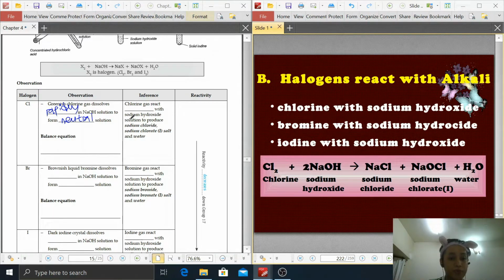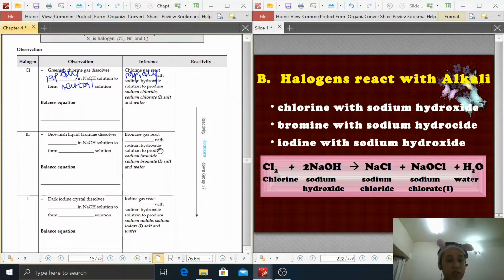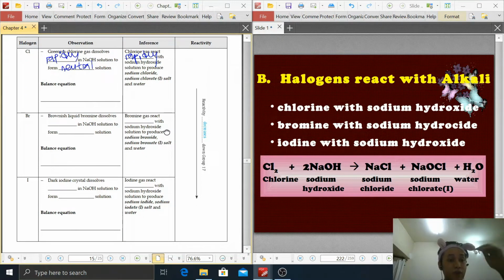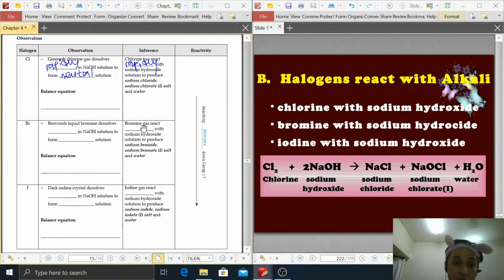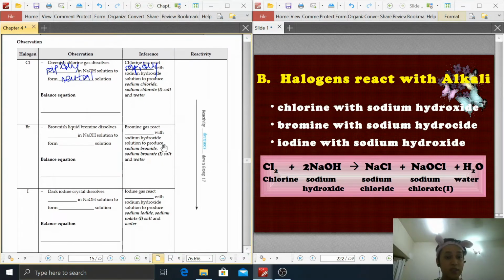For our inference, chlorine gas reacts rapidly with sodium hydroxide to produce this. For bromine and iodine, the reactivity decreases, so bromine will dissolve slowly and iodine very slowly. The inference will also be the same.